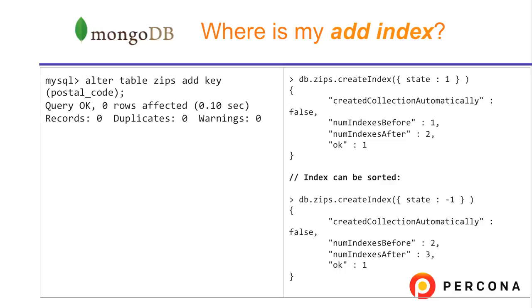It will be sorting in ascending order. But in MongoDB, you can also sort in the other direction. You can sort in the other direction for every index, or you can also create a combined index and sort it differently. That can actually be very helpful, and this is what's missing in MySQL.